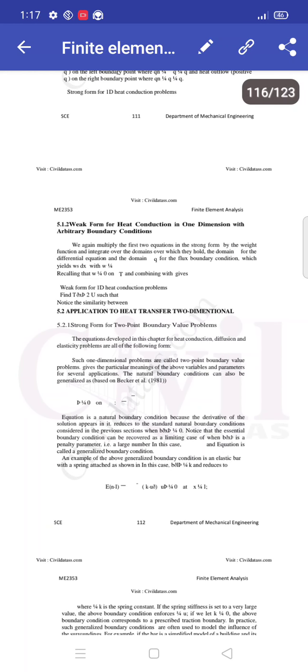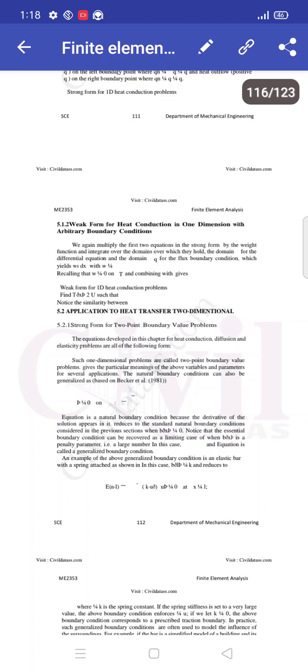Weak form for heat conduction in one dimension with arbitrary boundary conditions. We again multiply the first two equations in the strong form by a weight function and integrate over the domains over which they hold: the domain for the differential equation and the boundary Γ_Q for the flux boundary conditions.